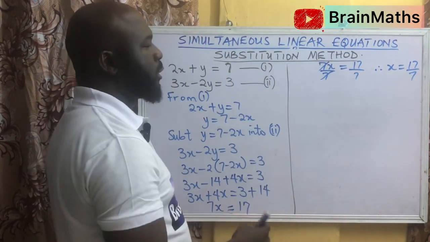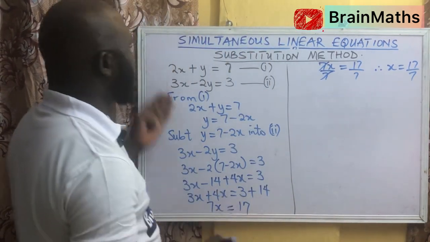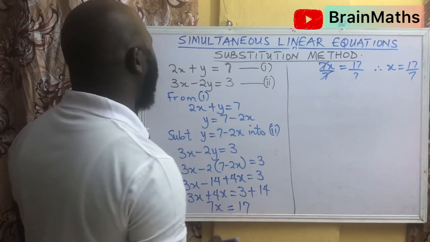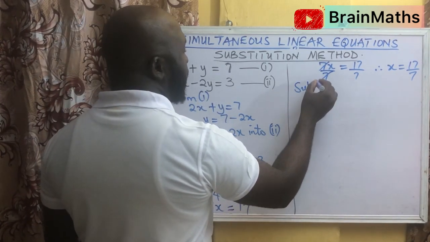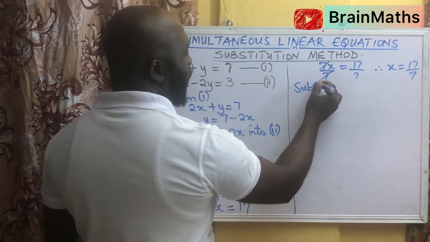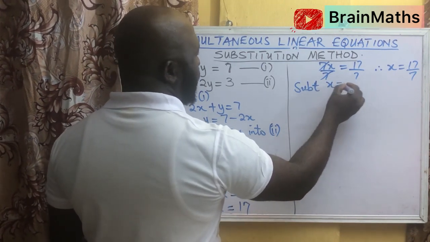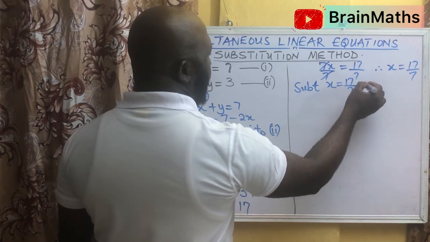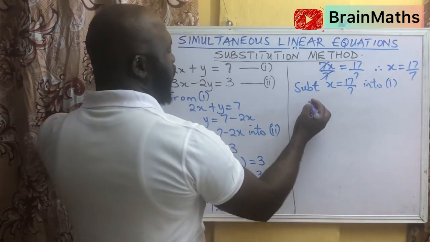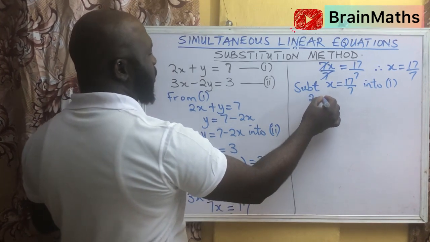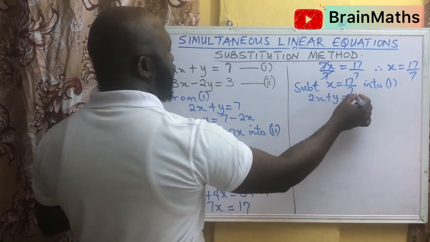So we are going to substitute that into any of the two equations, like I said earlier. So let's substitute back into equation 1. If you substitute in any of the two, you will get the same answer. So equation 1 is 2x plus y equals 7.